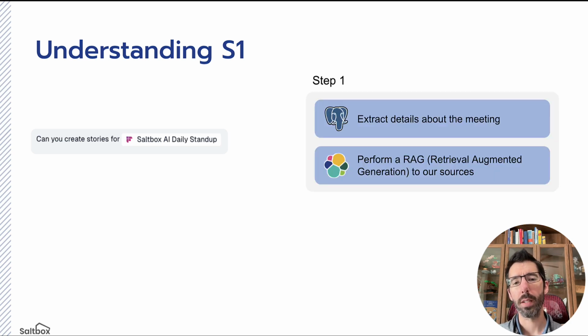Well, what Saltbox One is going to do is look at this and say, okay, they used a shortcut, so I need to go extract the details of that shortcut. So it's going to extract the summary details and some of the requirements. It's going to pass it over to Elastic using a RAG search, and it's going to find the most relevant results.